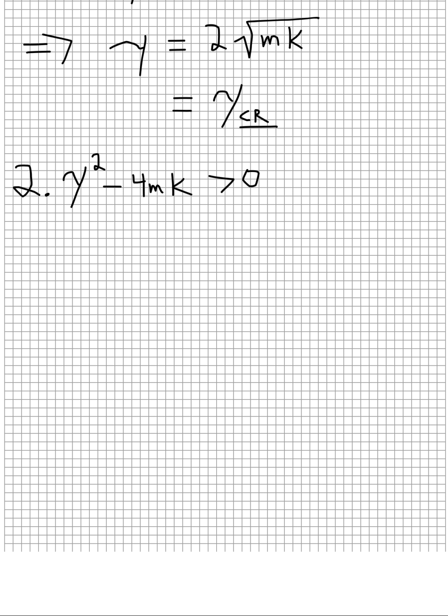Now this one is considered to be called overdamping. Just so you know, the situation is known as overdamping. So I could say this implies overdamping. Okay. And I will cover more of overdamping here in the next video.